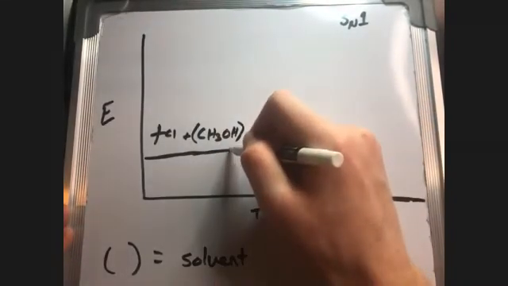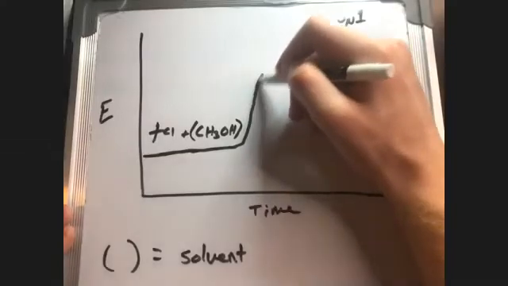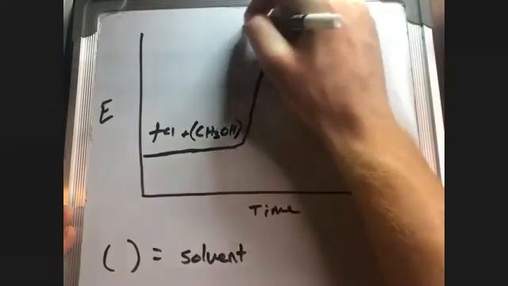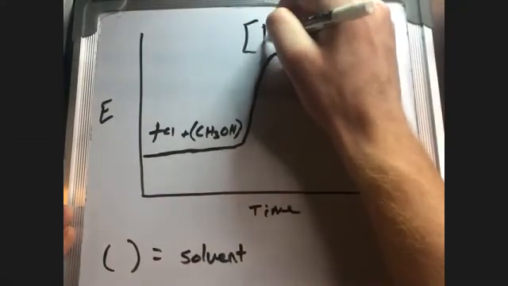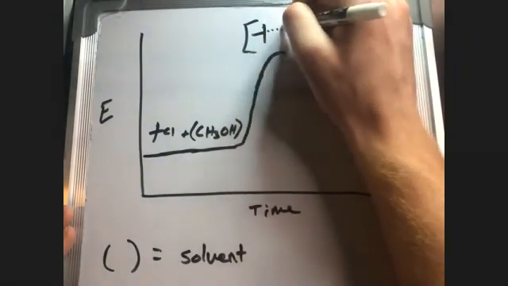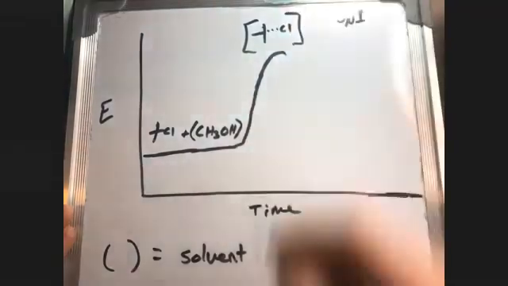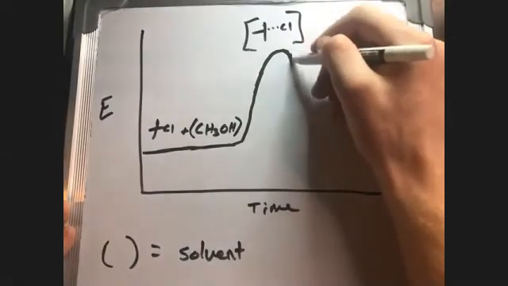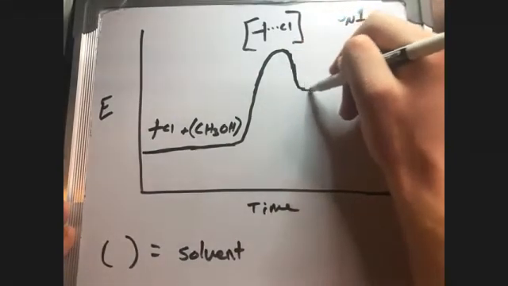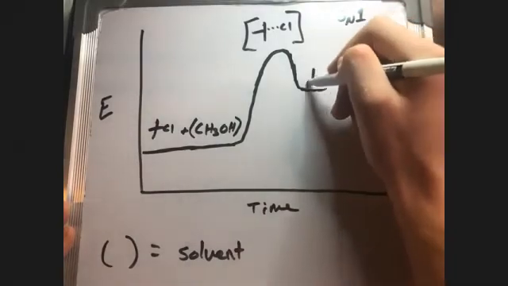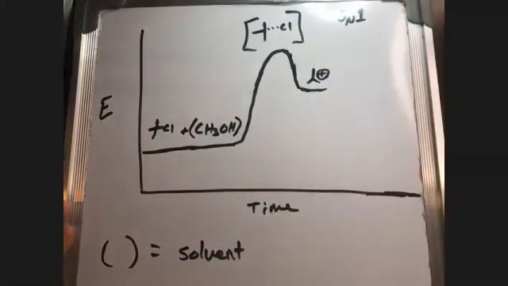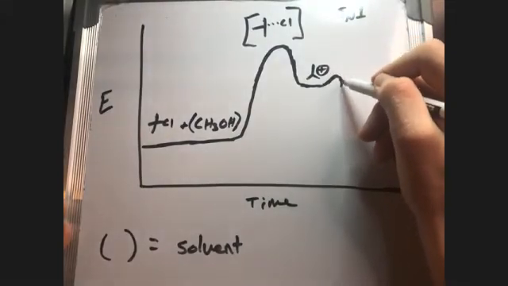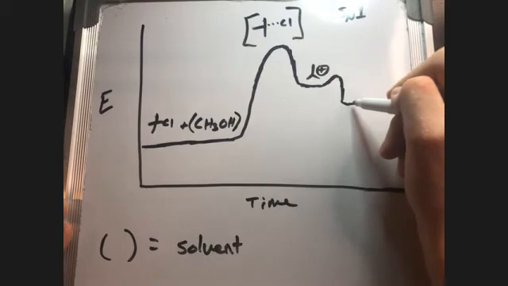Okay, so anyway, then you get a very high transition or activation energy to get the first transition state, which is the case in which the carbon-chlorine bond is cleaving, like I've shown with the dotted line. Then this will fall to a stabilized intermediate, which is the carbocation. Okay, then there will be some other input of energy to get to where the methanol reacts.